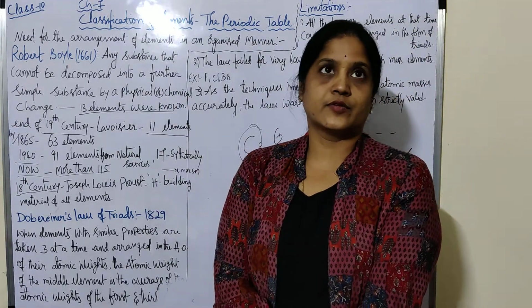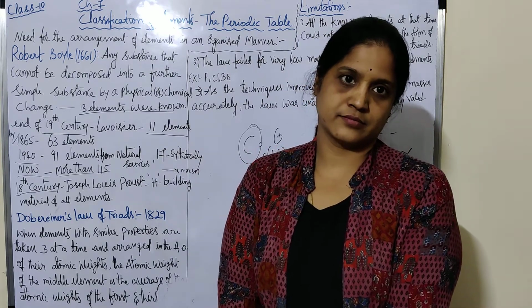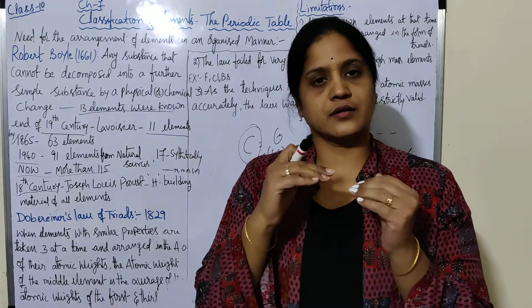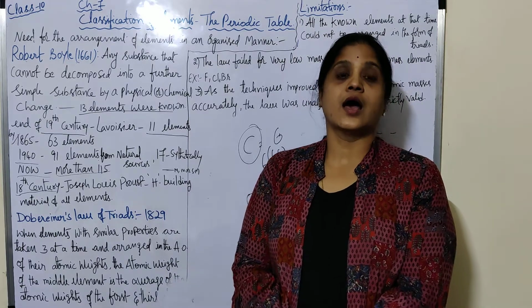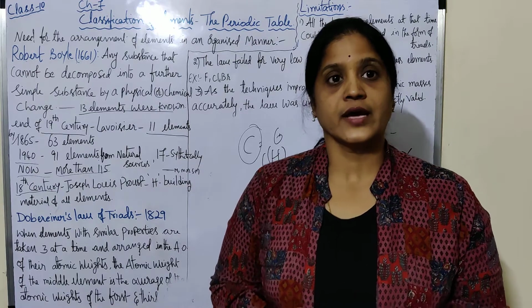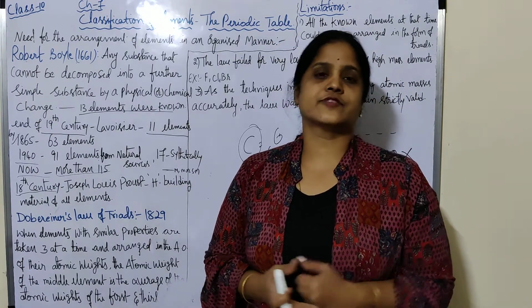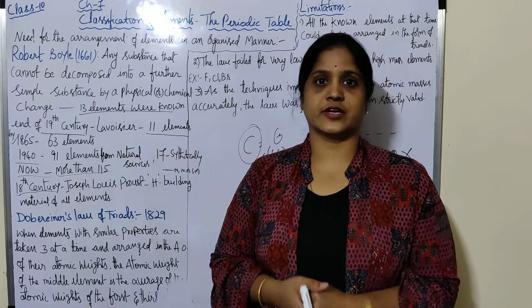Like that, 45 classifications were done. When the number increased, scientists started to classify the elements, each in their own way. 45 classifications were done.